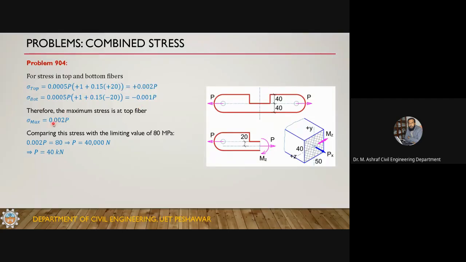Now the maximum stress is 0.002P. If you compare this maximum stress with the strength of the material, which is 80 megapascal, since our linear units are in millimeter and the force unit is in Newton, this results in megapascal.